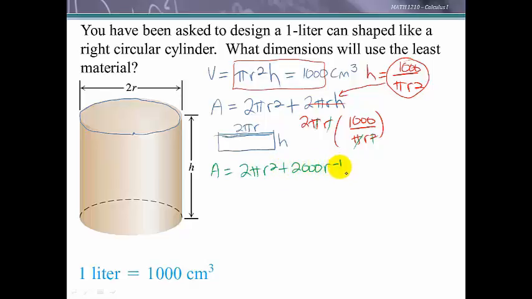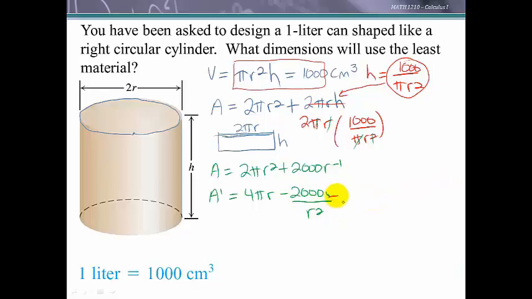We're going to write that as 2,000 r to the minus 1 because we are interested in finding critical numbers or critical points. Using the power rule, 2 pi is a constant, power out in front, that's 4 pi r, and decrease the power by 1. Power rule on the next one as well: power out in front, decrease the power by 1, and that gives r to the negative 2, so we'll put it down in the denominator.